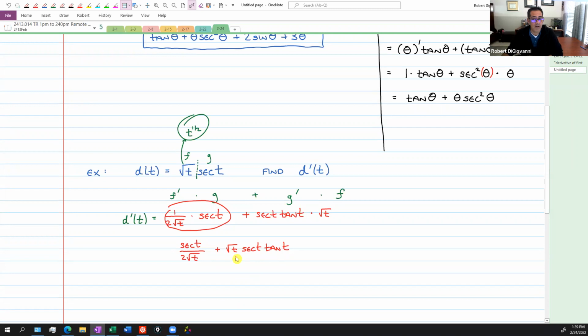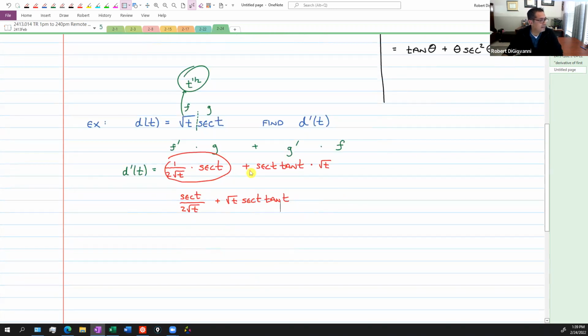We're going to want to set these derivatives equal to 0 and solve, so we're going to have to do algebra later, but for now, we just want to make sure we can get the derivative right.